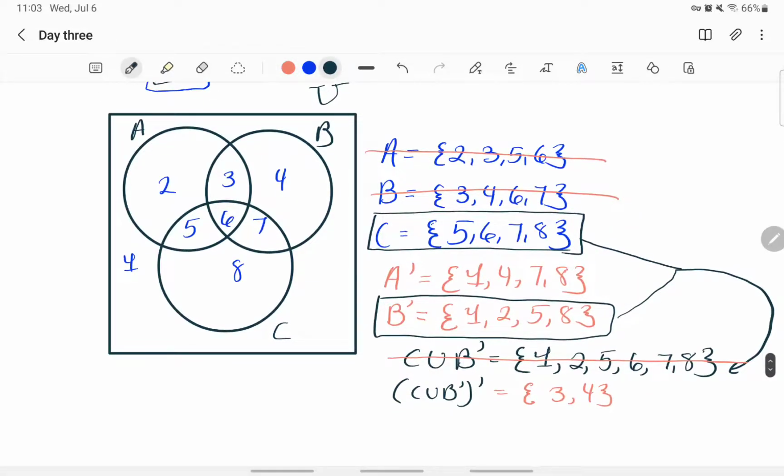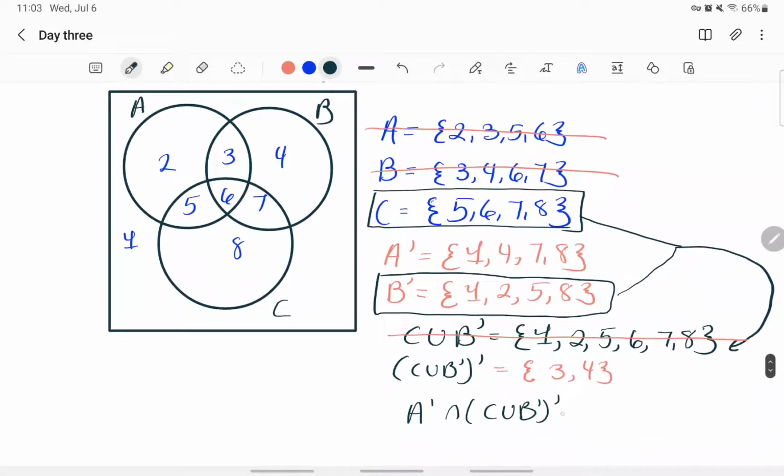And last but not least, we can find the overall set. We want to find the intersection between A complement and the complement of C union B complement. What do these two sets have in common that I highlighted?